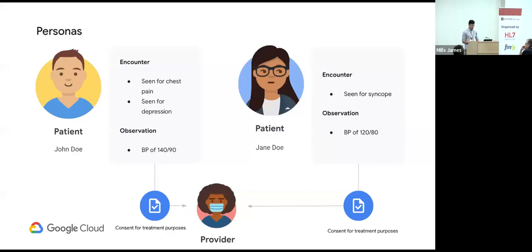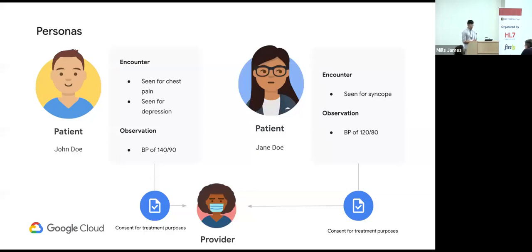John Doe has two encounters: one is seen for chest pain, one is seen for depression, and also an observation where his blood pressure was noted to be 140/90. For Jane Doe, we similarly have one encounter seen for syncope and an observation of a blood pressure 120/80. So just some toy data for us to work with.